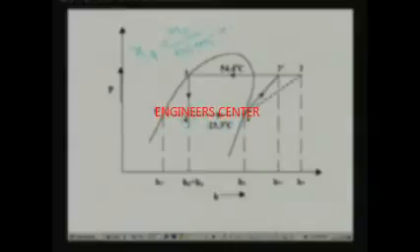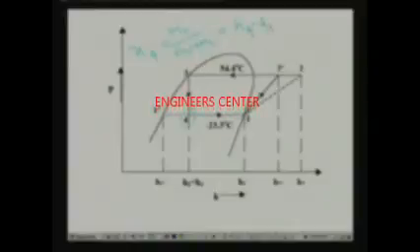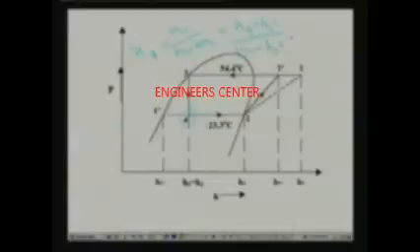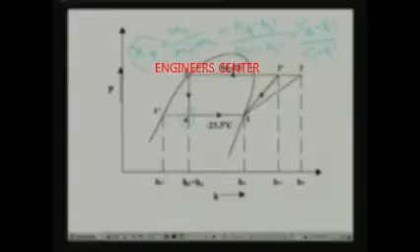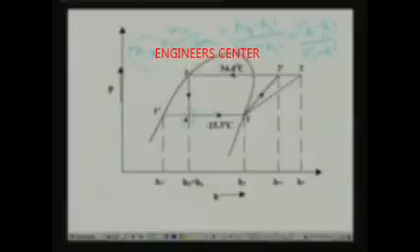You can show that this is equal to H4 minus H1 dash divided by H1 minus H1 dash. This can also be written in terms of specific volume, that is V4 minus V1 dash divided by V1 minus V1 dash. That means the quality can be expressed in terms of any intensive property such as enthalpy, specific volume or entropy.